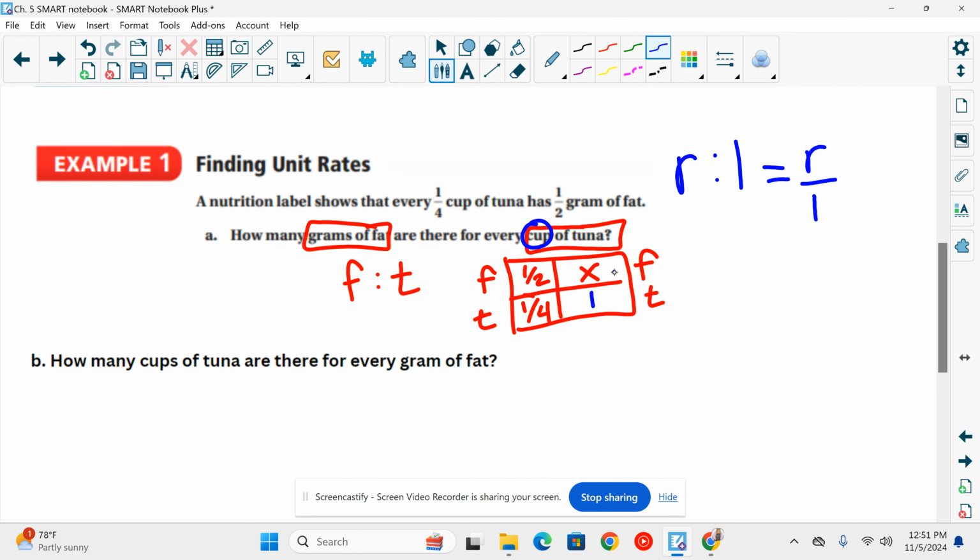Our number's going to be on the top, the 1's going to be on the bottom. Okay? So we can cross multiply and divide. Get 2. And so there's going to be 2 grams of fat for every 1 cup of tuna.